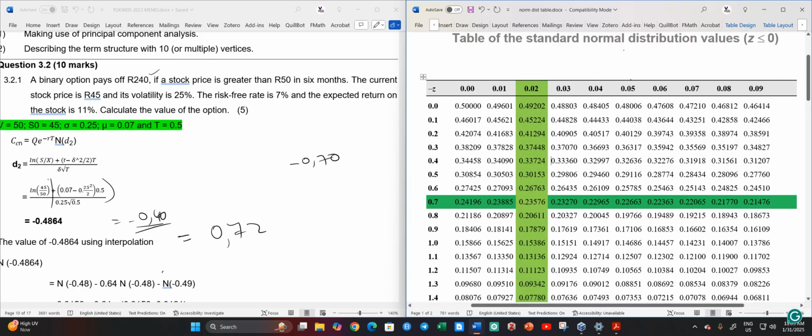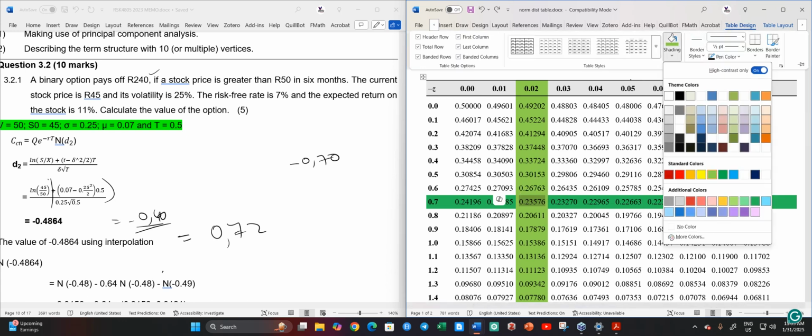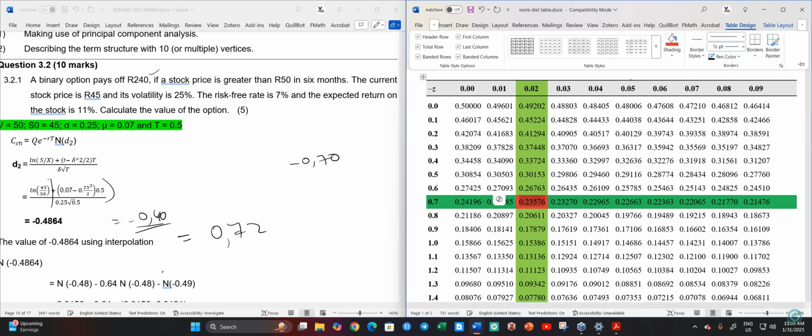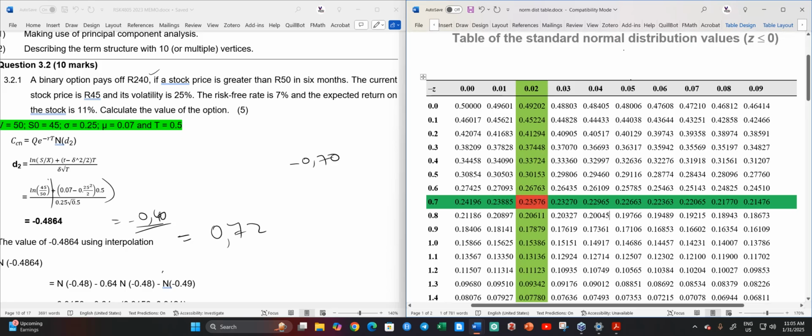So where the two intersect here, minus 0.7 and 0.02, which add up to minus 0.72, that's where our value is. So this becomes our answer, like that. So that's how we look up the value.